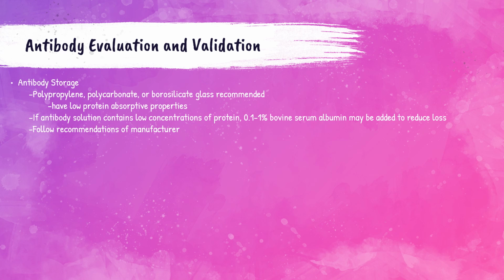If the solution of antibodies has very low concentrations of protein, bovine serum albumin, so that's from a cow, at 0.1 to 1% in concentration, can be added to reduce loss through polymerization and absorption by the storage container. In terms of storage temperatures and conditions, it's imperative that the recommendations of the antibody manufacturer be followed.